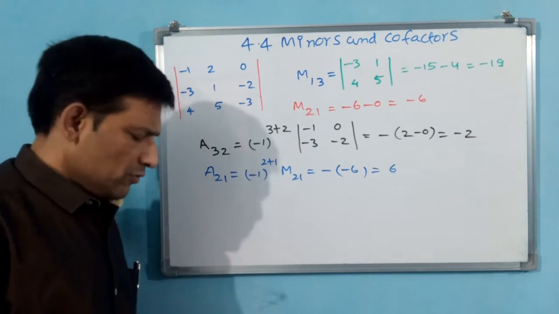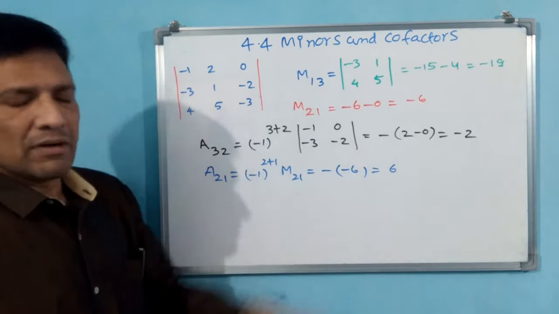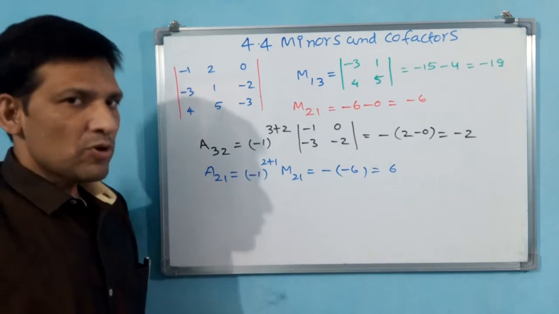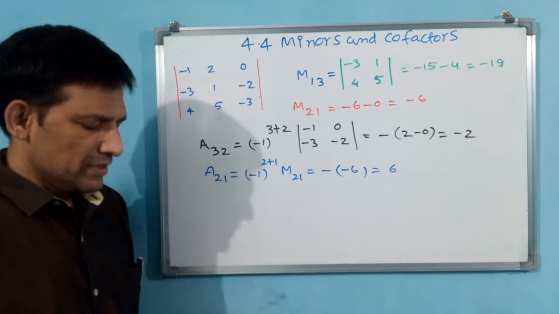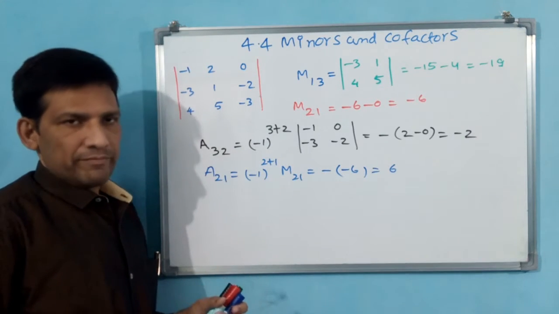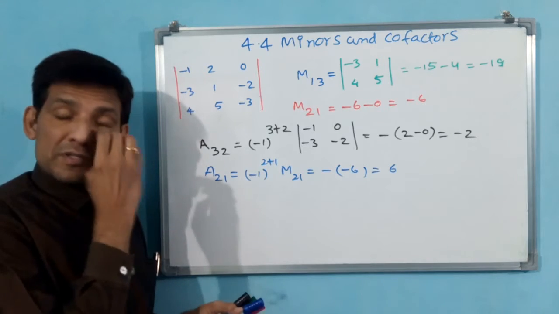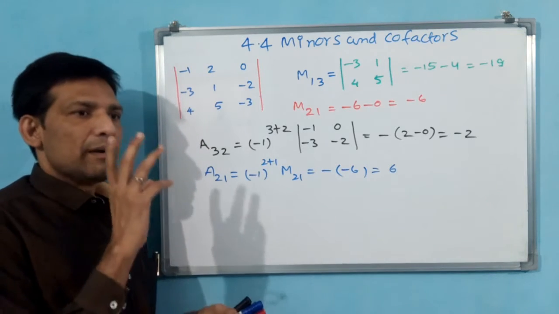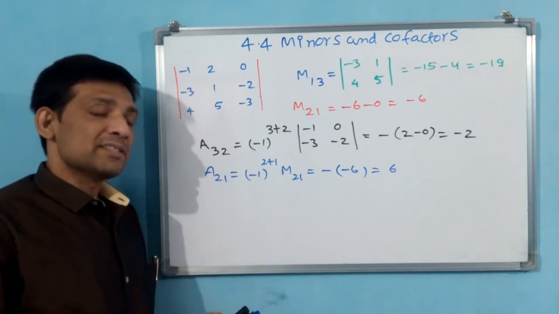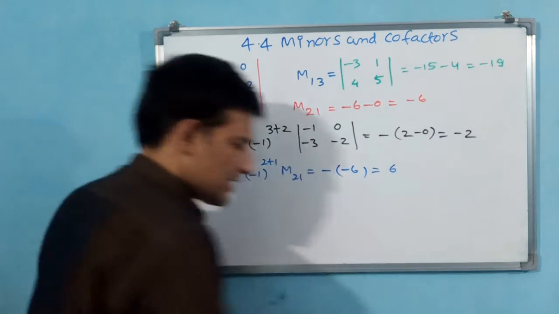Okay. Now you have understood what are minors and what are cofactors. See, one more concept is there. What is that concept? The sum of the multiplication of elements and cofactors gives the determinant. Okay, I am writing that.